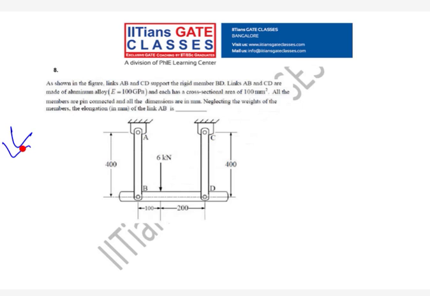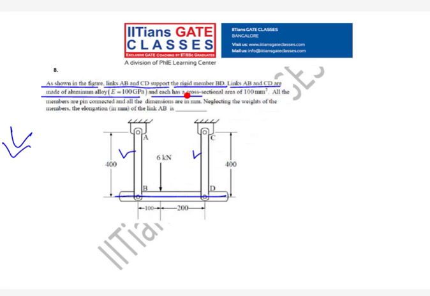Look here at what they have given. As shown in the figure, the links AB and CD support the rigid member BD. This is my rigid member. Links AB and CD are made of aluminum alloy.